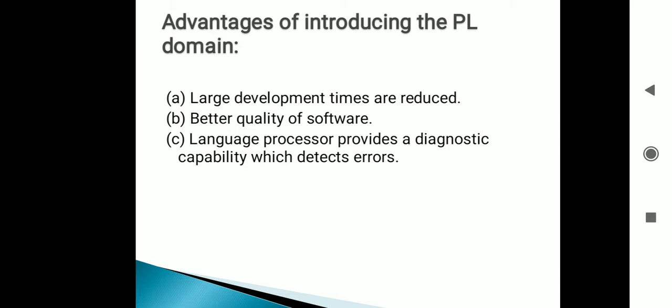The types of language processor: interpreter. We discussed it in the last video. An interpreter is a language processor which bridges the execution gap without generating a machine language program.